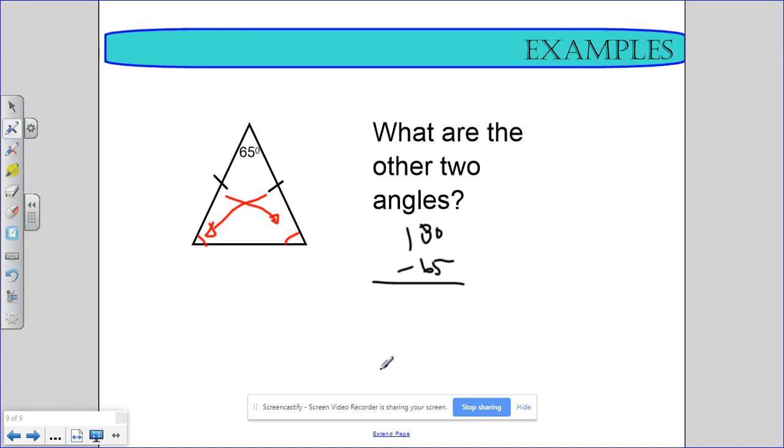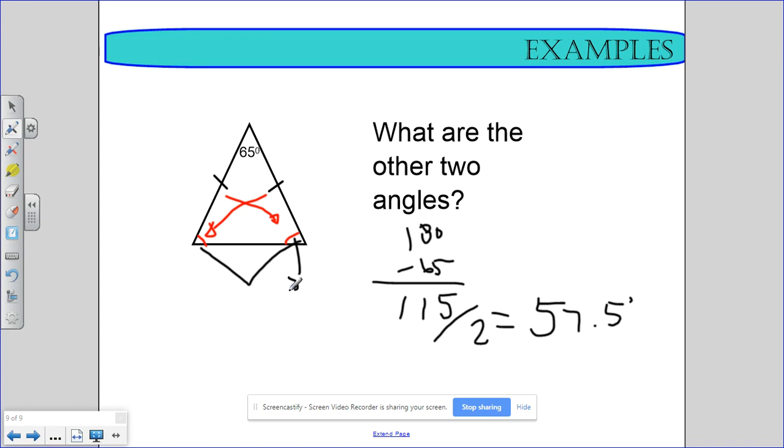180 minus 65 is 115. These angles add up to 115, so I need to take 115 and divide it by 2. Dividing it by 2, that gives me 57.5 degrees.